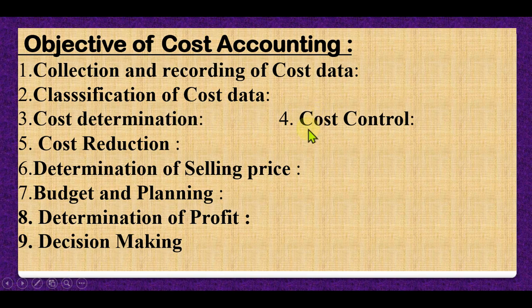If we can compare with others, then we can control our expenses. We can reduce our cost. Then we can determine the selling price, one of the important objectives. Then budget and planning for next year. We can determine profit and loss, and we can take decisions. These are the most important objectives of cost accounting.